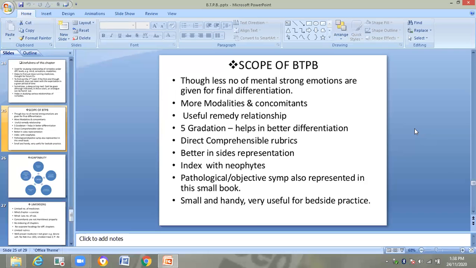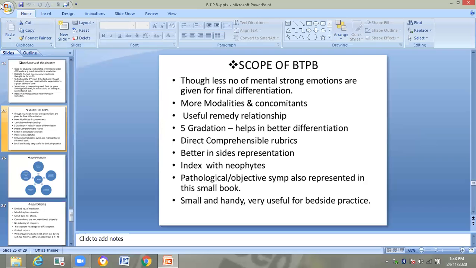So these are some points related to scope of BTPB or special features of BTPB. It is also asked what is the scope of BTPB for a short note, as well as it may ask special features of BTPB. So it is nothing but the same.